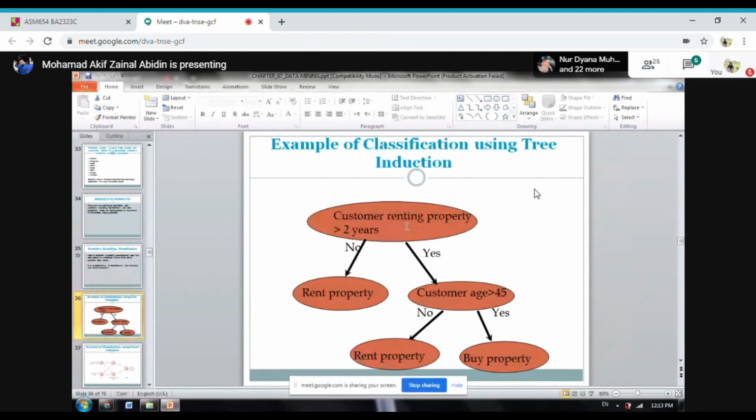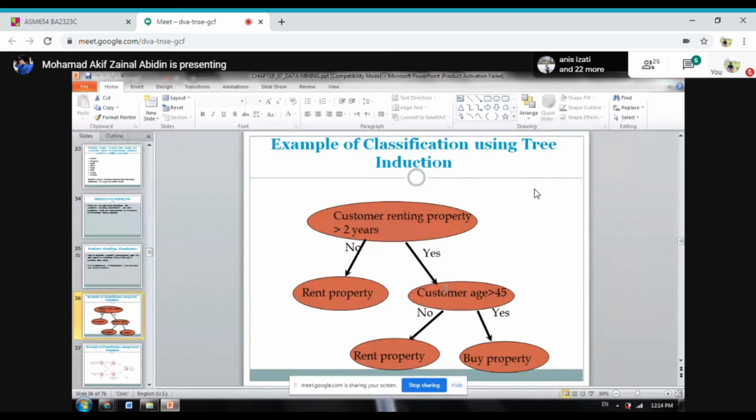Buy property or still menyewa, depending on menyewa adakah lebih 2 tahun atau kurang, and umur kalau lebih 45 atau kurang. Okay, for the first attribute, if the customer renting property more than 2 years, the answer is yes. Pergi ke yes. Yes, yeah. And kalau kurang, dia akan still sewa.